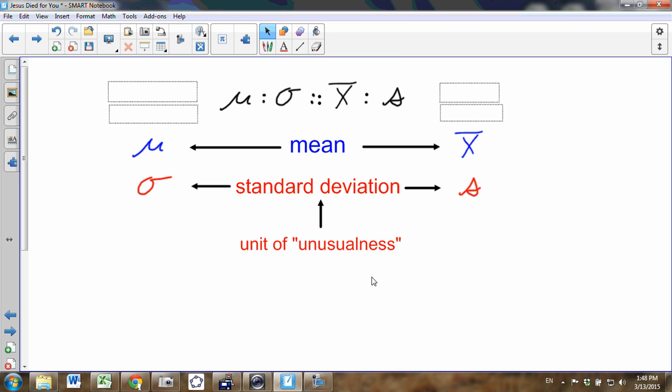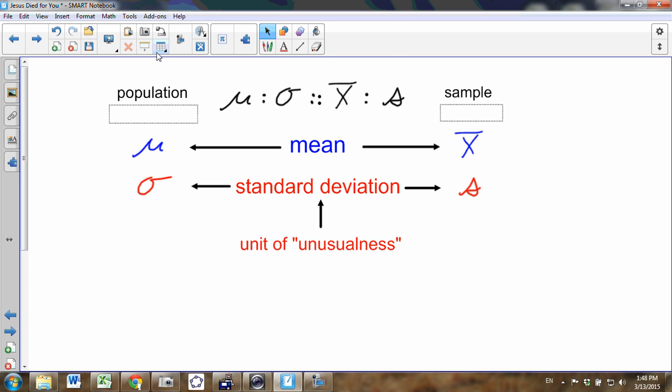And remember, standard deviation is a unit of unusualness, like a centimeter is a unit of length, or a kilogram is a unit of mass. Mu and sigma are the mean and standard deviation, respectively, of a population, whereas x bar and lowercase s are the mean and standard deviation of a sample.